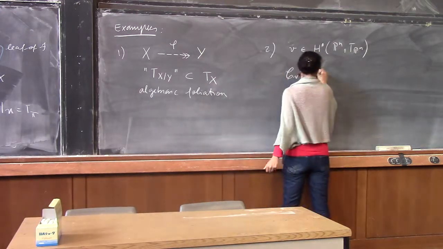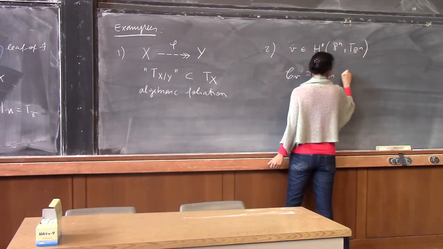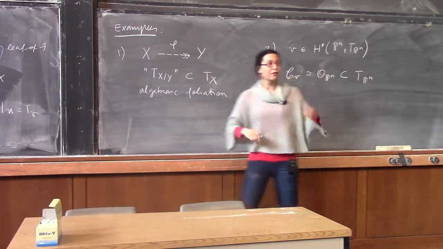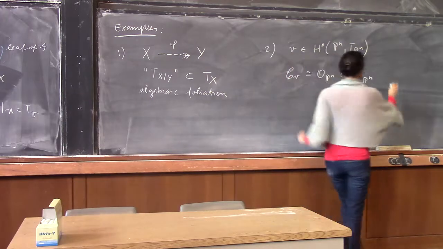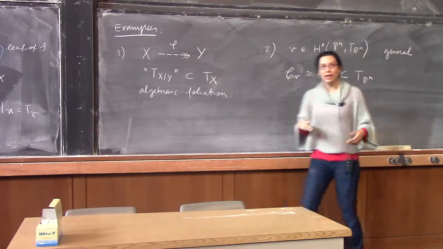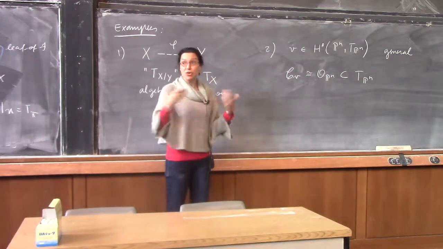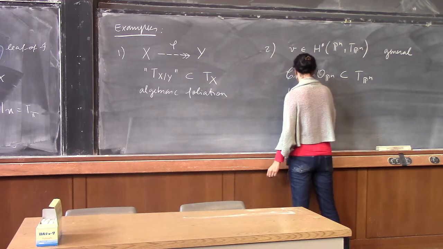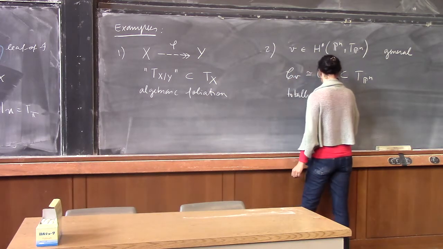So this is just going to be O_{P^n} inside the tangent bundle. And if you choose your V general, then the general leaf is going to be transcendental. So this is what we call a totally transcendental foliation.